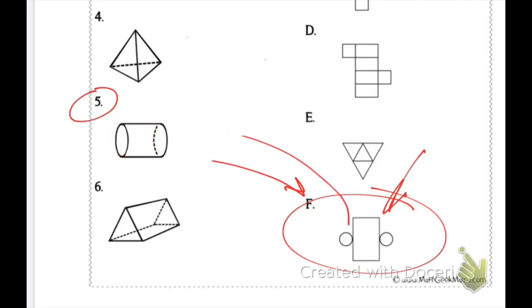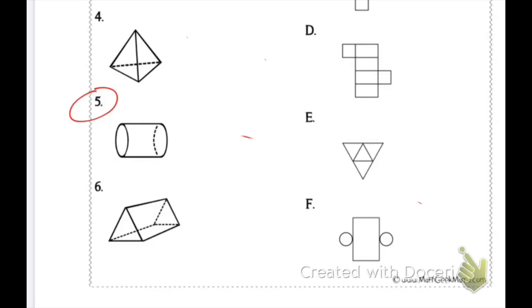Now let's look at our last one. So this one here, this is a triangular, even though it's on its side, the bases are triangles. These are the bases. So those are my triangular bases, and this would just be a triangular prism, triangular right prism, because I get perpendicular lines here.